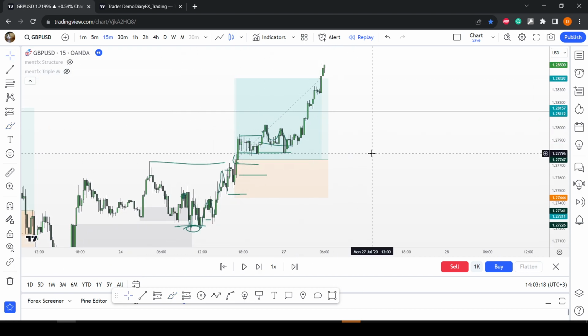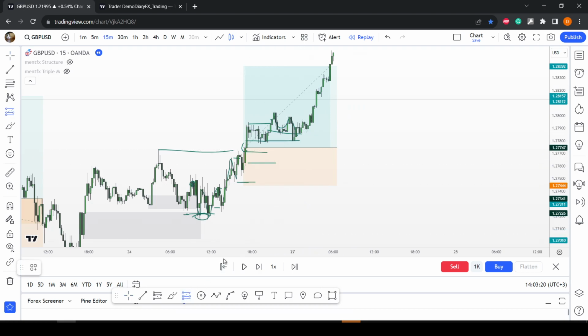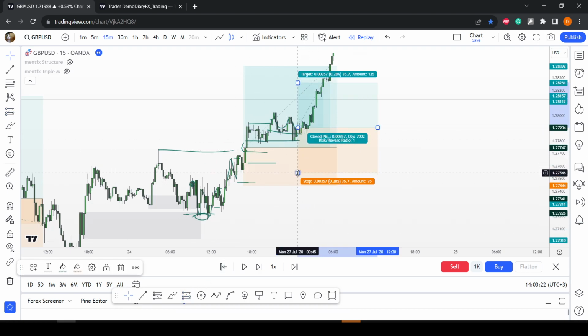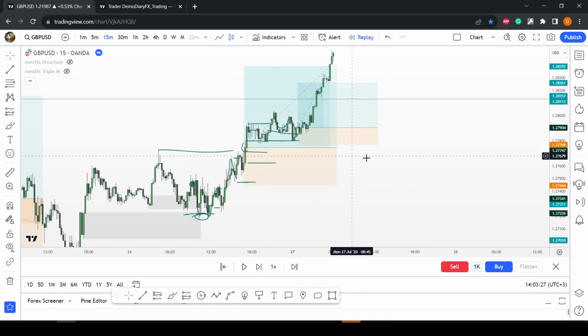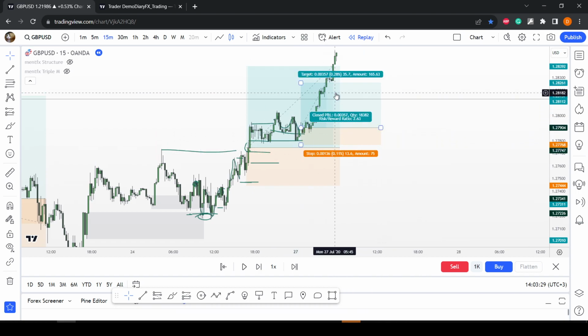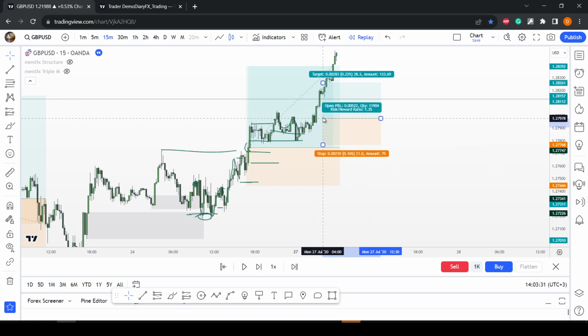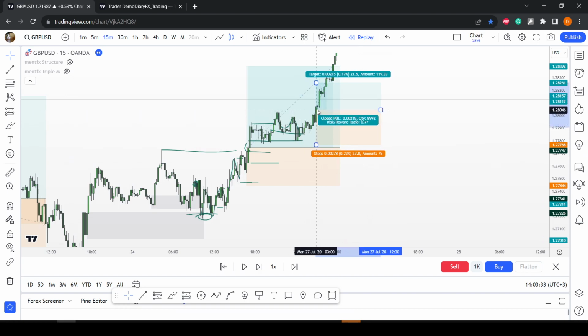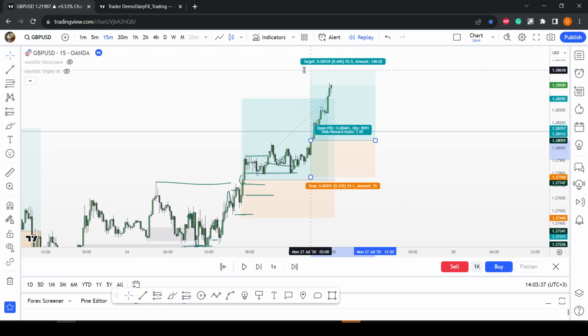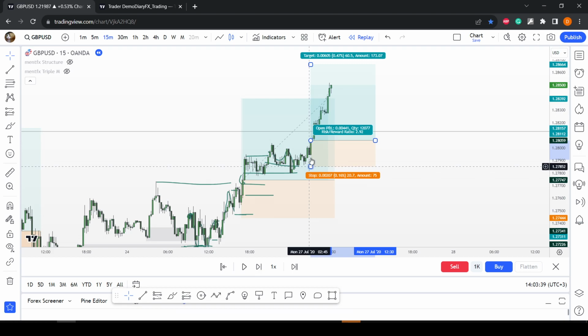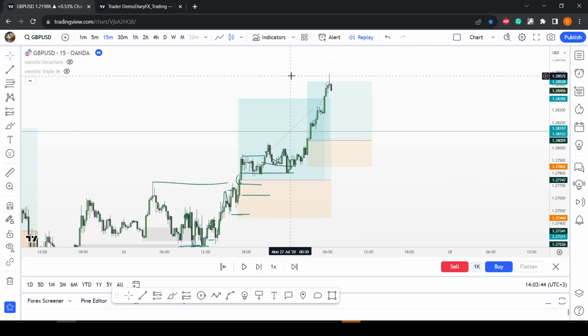But you see, if you enter even here, now you have like 1, 2, 3, 4, 5, 6, like 10 candles before the break. And if you enter maybe here on the break, it just starts to go immediately into profit. So something like this. This was another possible entry.